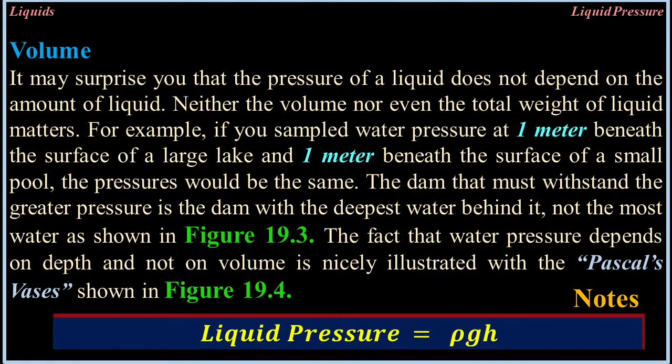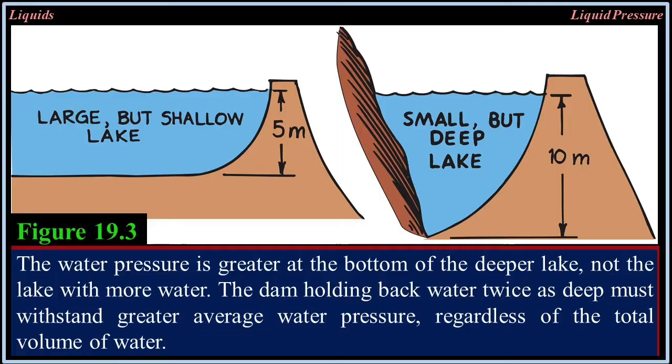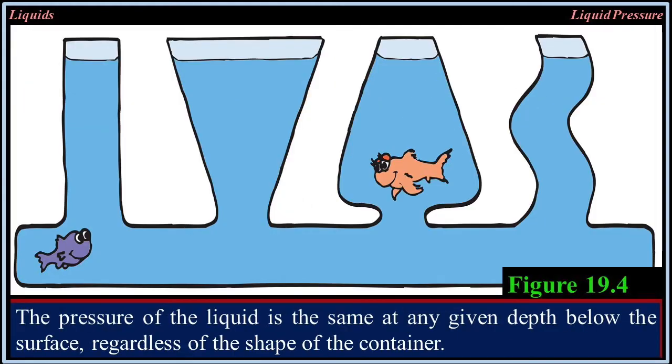The dam that must withstand the greater pressure is the dam with the deepest water behind it, not the most water, as shown in figure 19.3. The fact that water pressure depends on depth and not on volume is nicely illustrated with the Pascal's vases, shown in figure 19.4. Liquid pressure equals rho g h. That little symbol is a Greek letter rho.